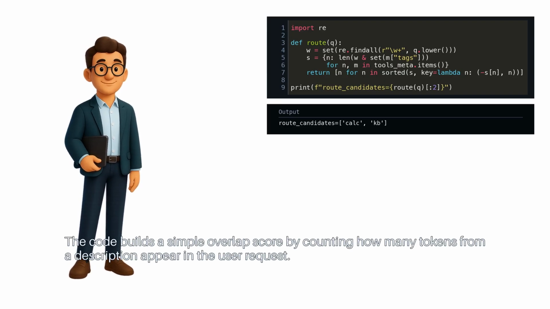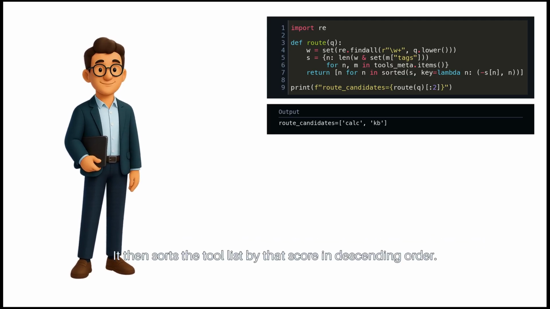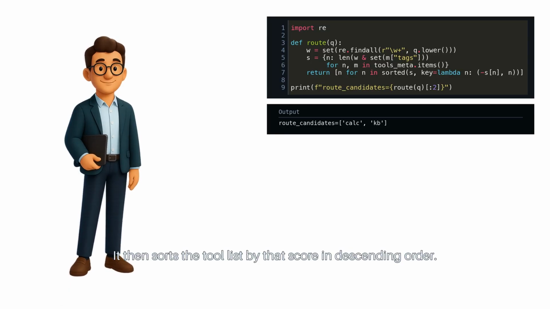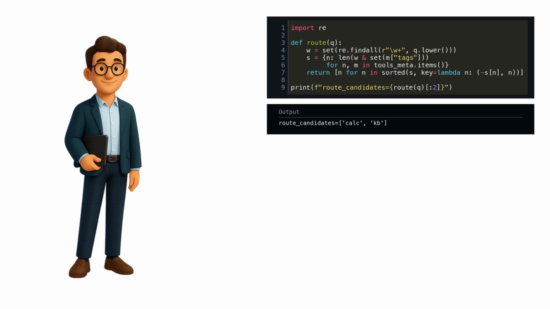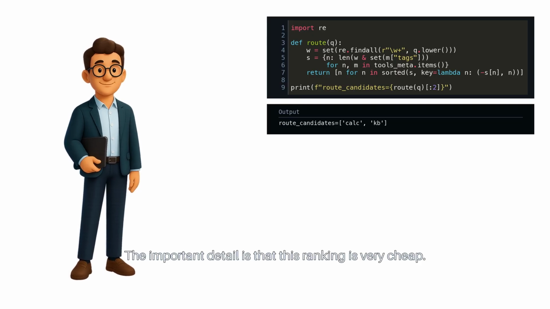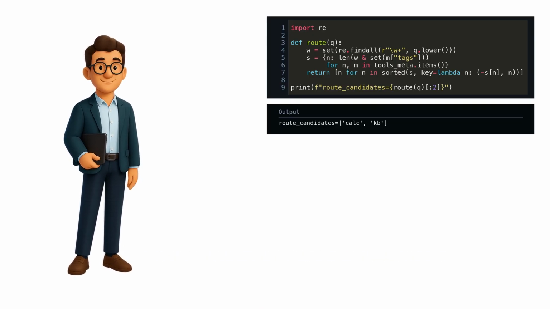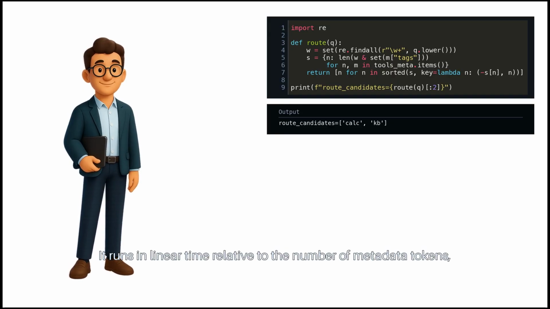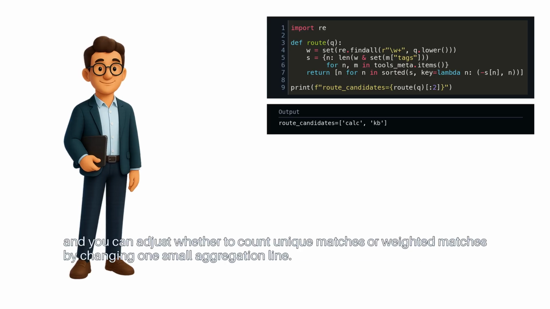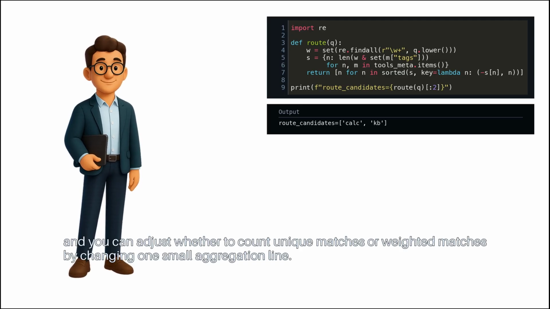The code builds a simple overlap score by counting how many tokens from a description appear in the user request. It then sorts the tool list by that score in descending order. The important detail is that this ranking is very cheap. It runs in linear time relative to the number of metadata tokens, and you can adjust whether to count unique matches or weighted matches by changing one small aggregation line.